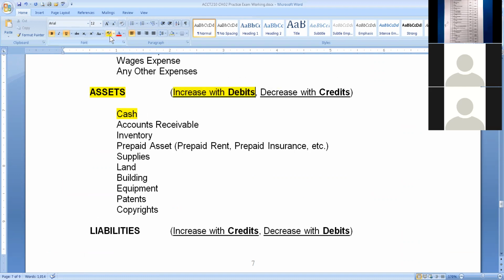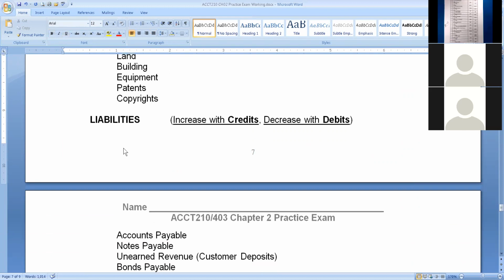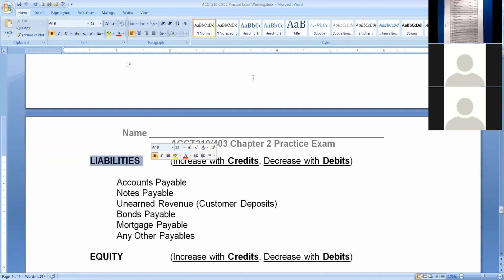And under liabilities, we would have unearned revenue, in this case, unearned service revenue. And it will increase with a credit. In other words, we owe more now. Whatever they paid us, we owe more now.